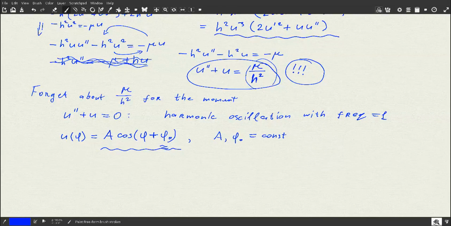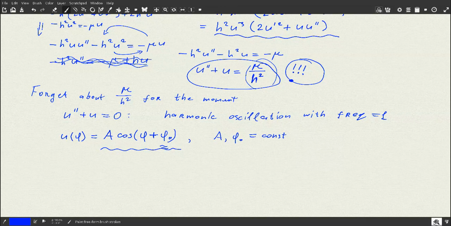If you look at this original equation, marked with 3 exclamation marks, can you guess a very simple solution to it?